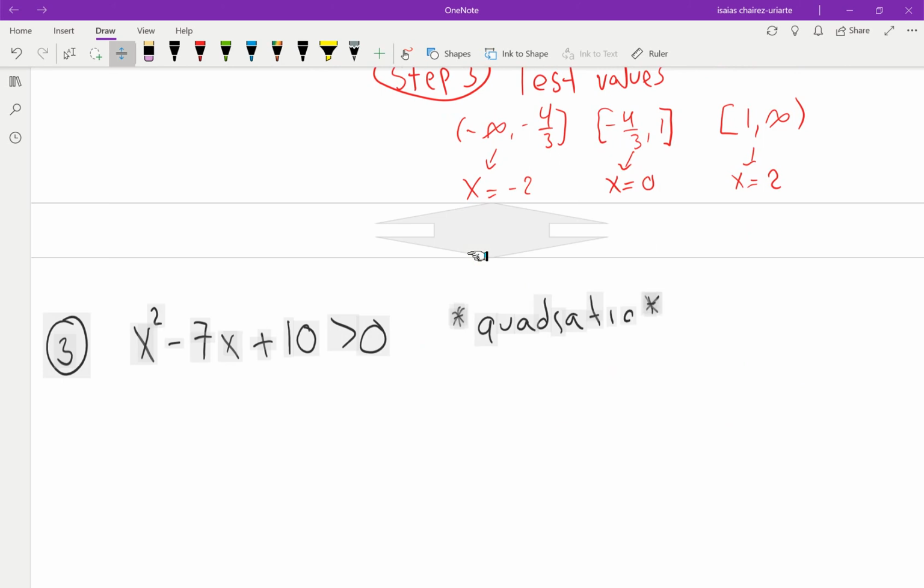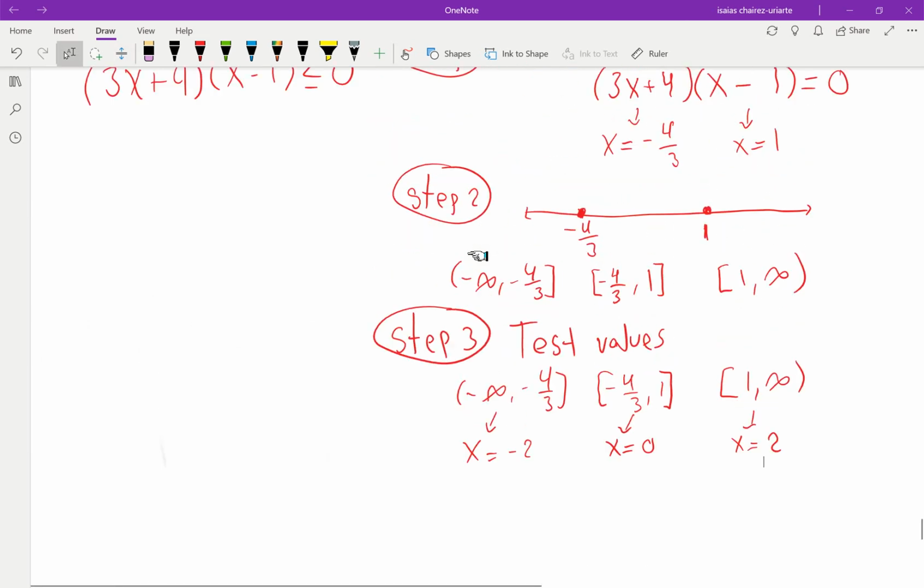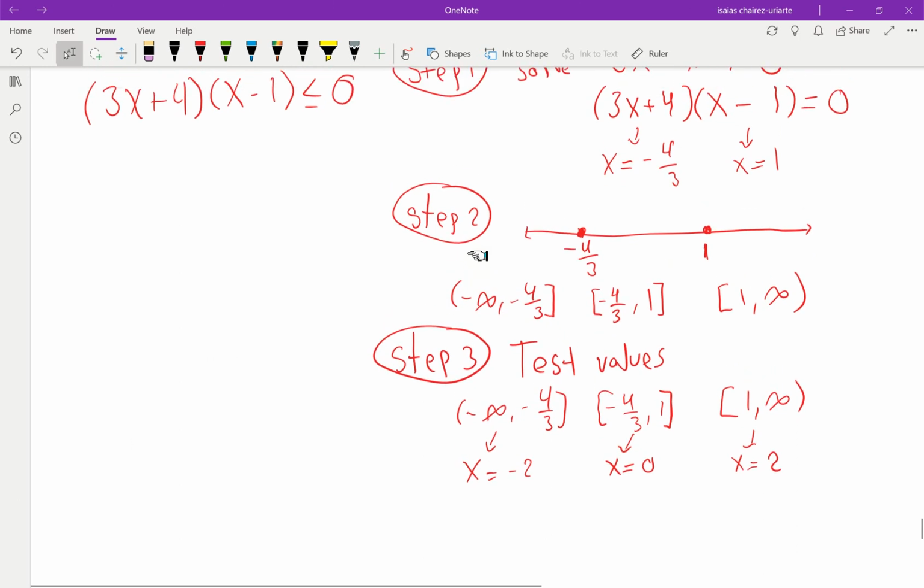Let me just give myself some room here. Okay, so let's test. I am going to plug in negative 2 into my inequality up here and see if it satisfies it. I'm going to have negative 6, because that's what I get if I do 3 times negative 2, negative 6 plus 4, times negative 2 minus 1.